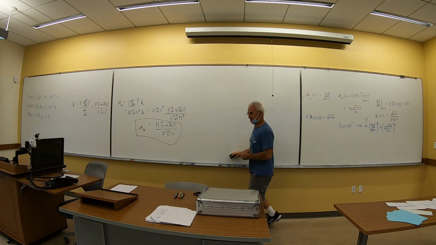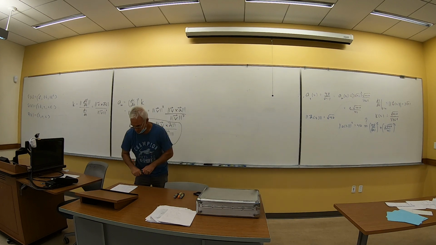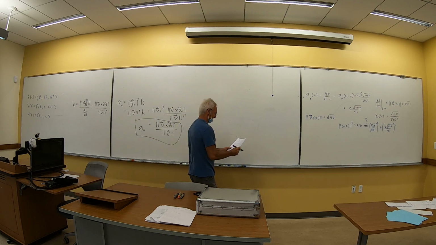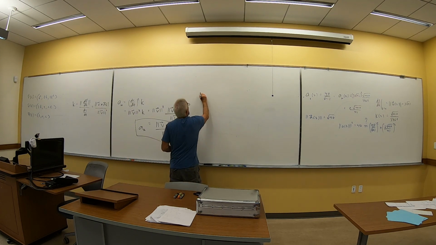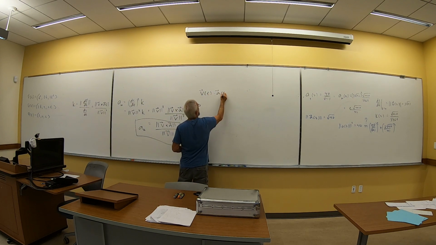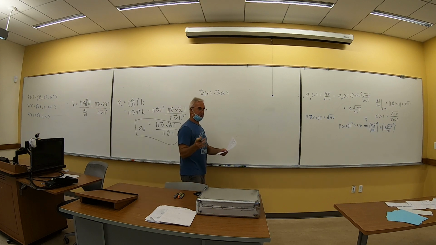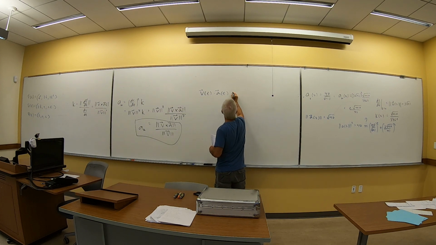Sorry, let me get rid of some of this stuff. Okay. So what if I want to do this? Let me go, I want to, just for the heck of it, let's do v of t dotted with a of t. Okay, but let's do it in its other versions that we've been using today.